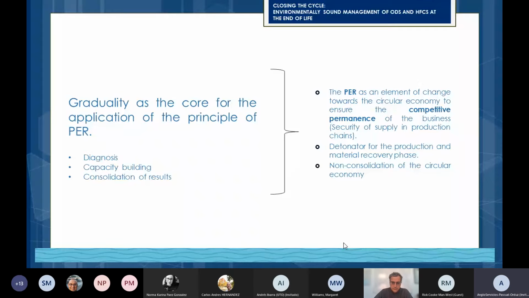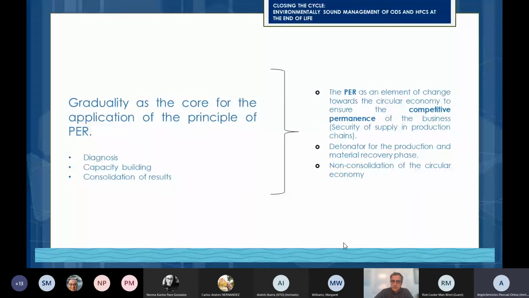So graduality is not something that may take place overnight because it implies the development of different capacities on different flanks. That's why we need to observe that PR today represents a changing element in our circular economy to ensure the competitiveness of all stakeholders.